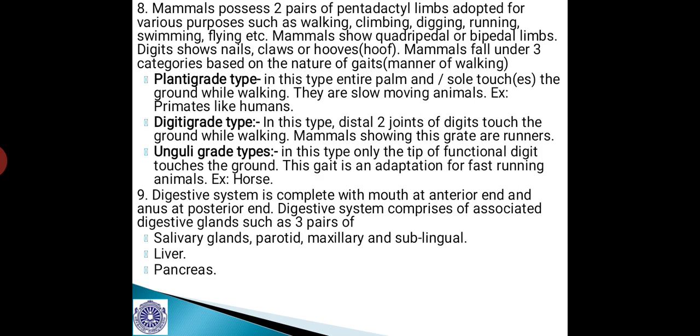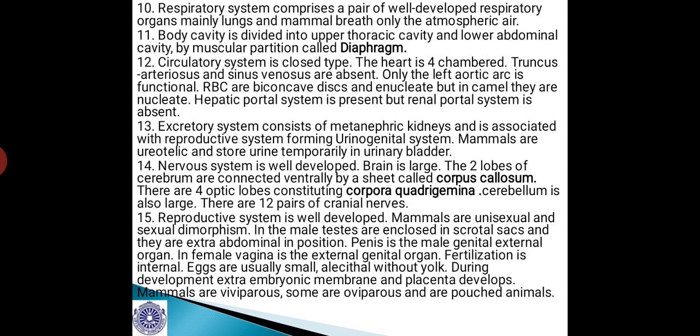And the other important digestive glands are liver and pancreas. In addition to this, the digestive system of mammals is also associated with gastric glands of the stomach region and intestinal glands of the intestinal region. And these different digestive glands secrete their own digestive juice which helps in the process of digestion.